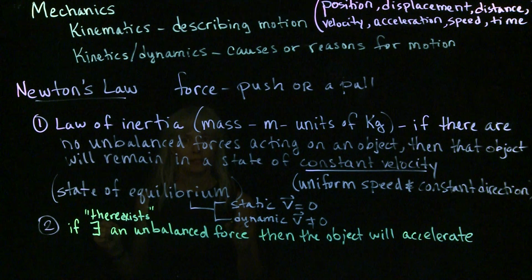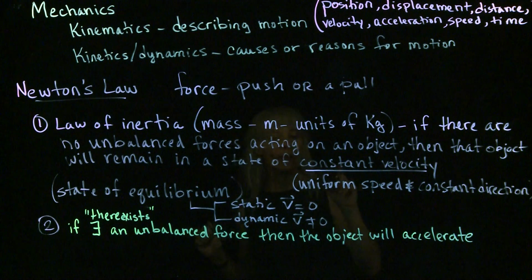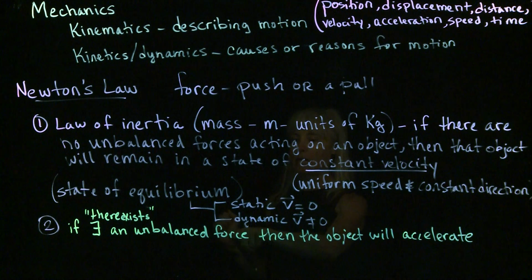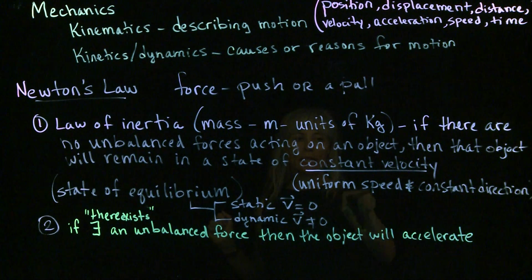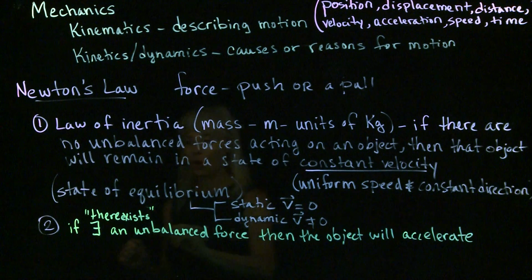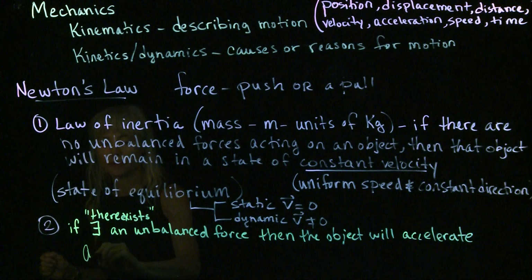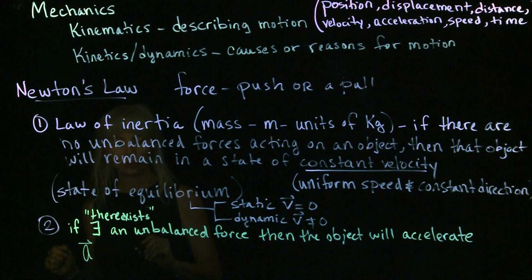Okay, now remember that we realized back when we were studying kinematics that acceleration means there's a change in the velocity. So that means if there is an unbalanced force acting, then either the speed and/or the direction of the object is changing. So acceleration, remember, gets the symbol A, and it is a vector.